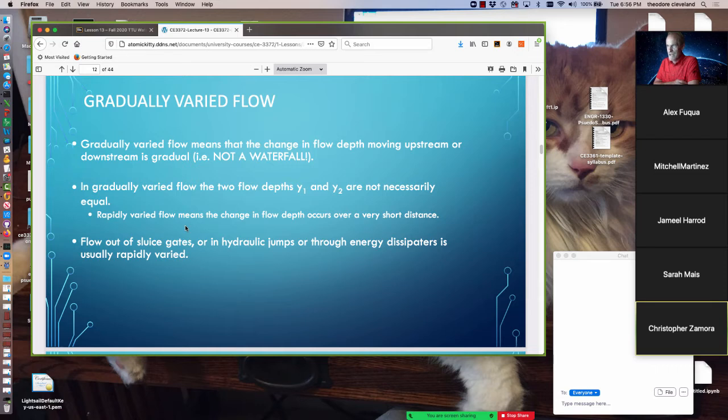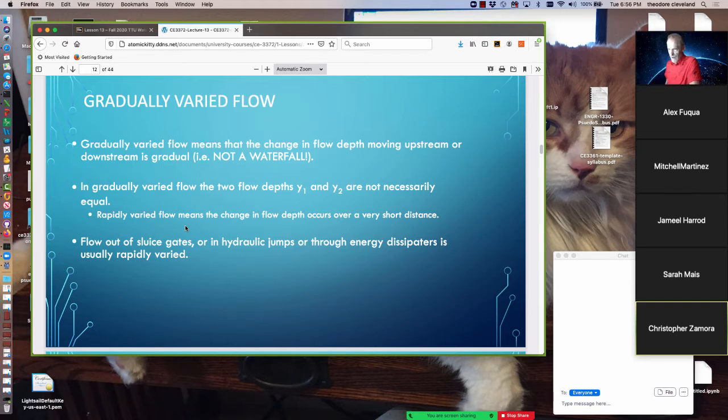If we have an instance where y1 and y2 change quite a bit, and their spacing is pretty small, so maybe dozens of feet, that would be an instance of rapidly varied flow. And by definition, rapidly varied flow means that the change in flow depth occurs over a very short distance.